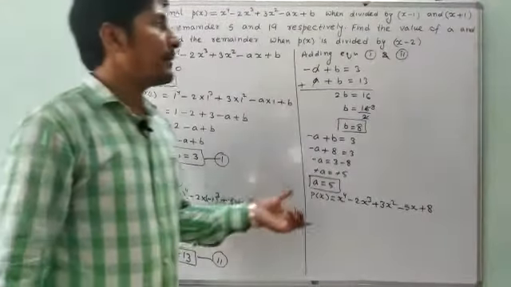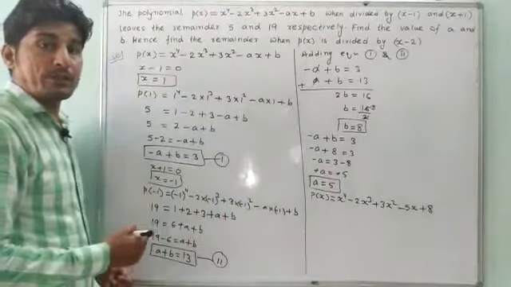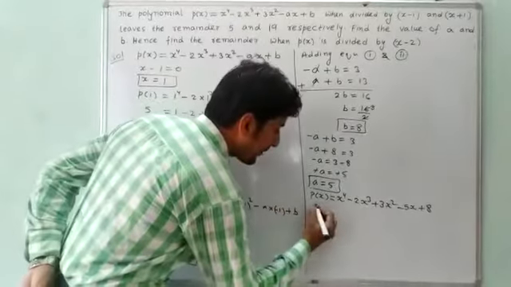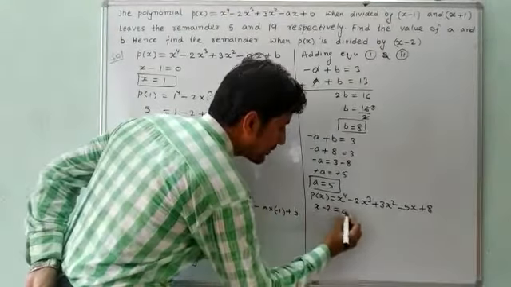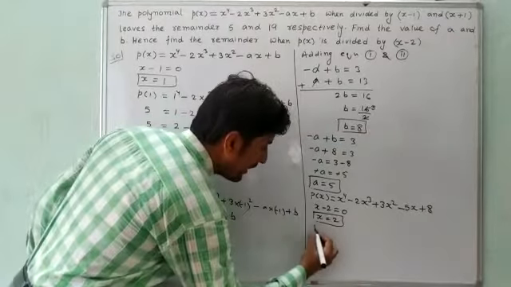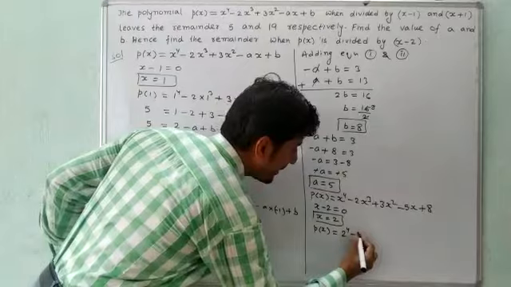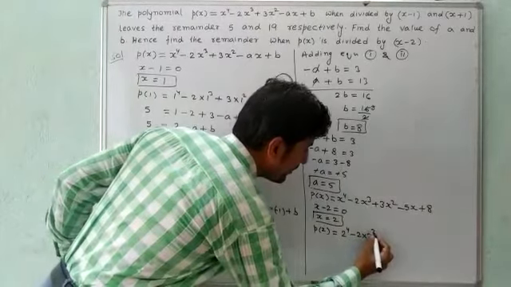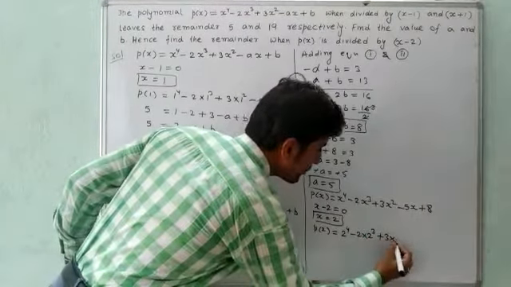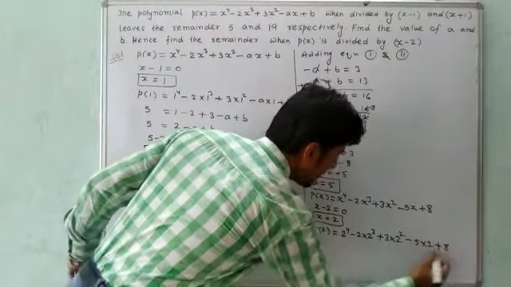Now we are going to find the remainder when this polynomial is divided by x minus 2. We can find the remainder by using the remainder factor theorem. X minus 2 equals to 0, so x will be equals to 2. Hence p(2) will be equals to 2 to the power 4 minus 2 into 2 cube plus 3 into 2 square minus 5 into 2 plus 8.